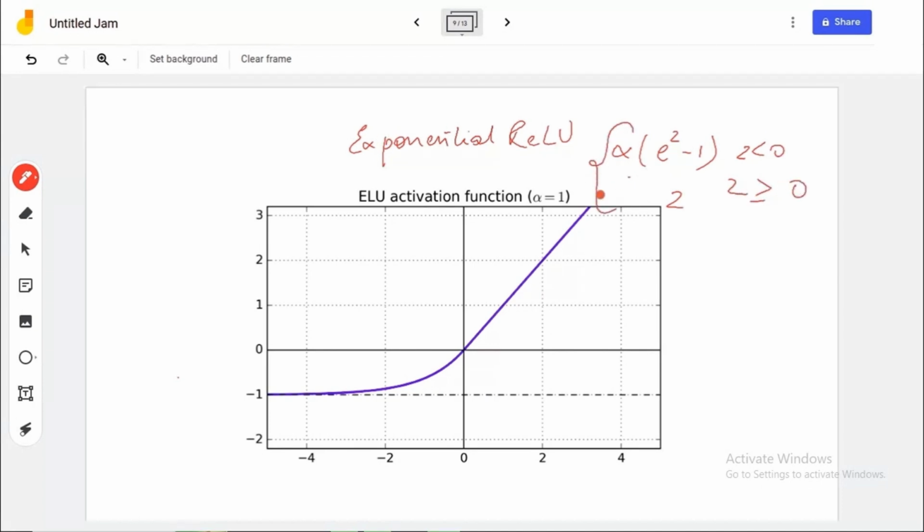This is the function of ELU, and the derivative will be alpha e to the power z for z less than 0 and 1 for z greater than or equal to 0.